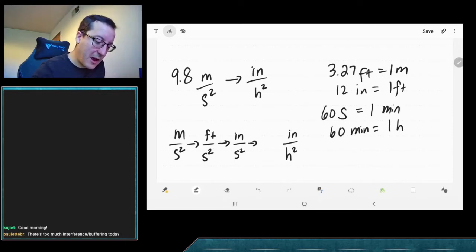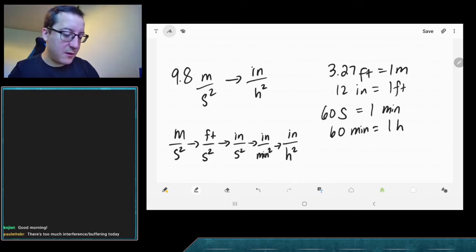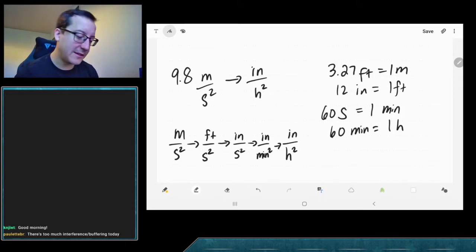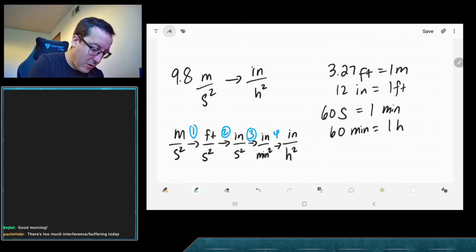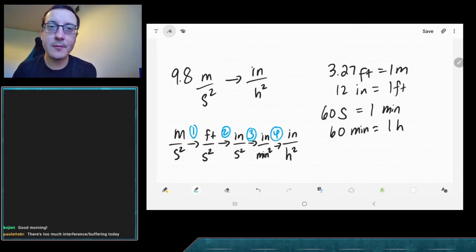And then we're going to have to start working with the denominator. We do have a conversion between seconds and minutes, and then minutes to hours. So if we look, we're going to have to do four steps.